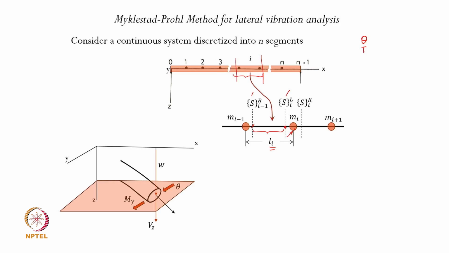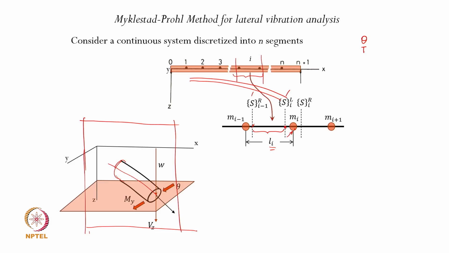So what we assume is that this beam is bending like this in the xz plane, and so a part of this beam is shown here, which is deflecting in the vertical plane. So you can imagine that vertical plane to be this, and in this vertical plane a small segment is shown.